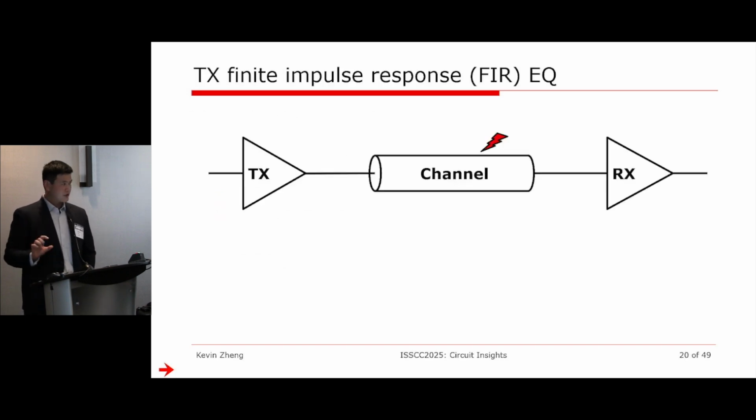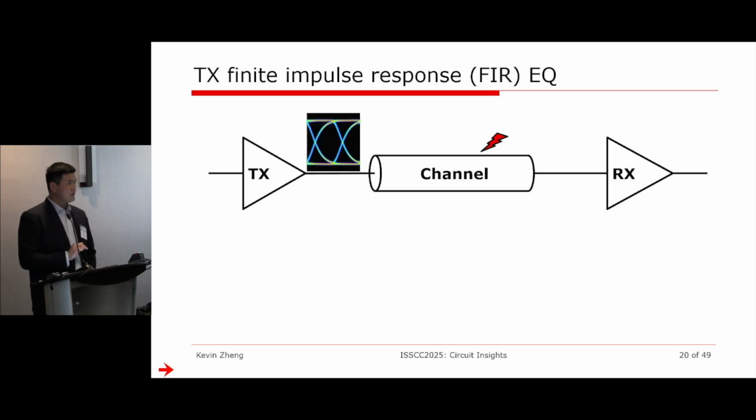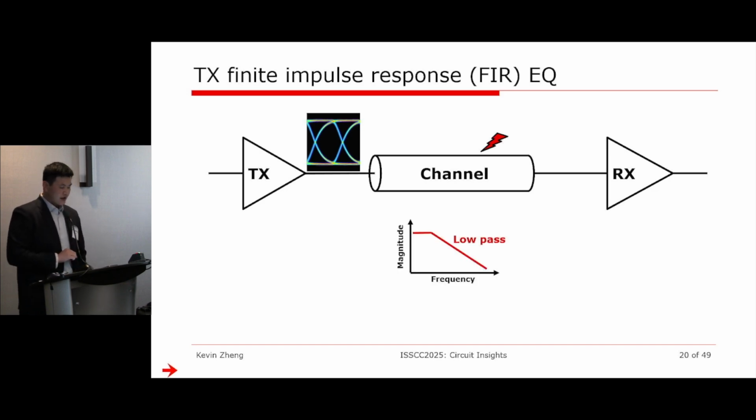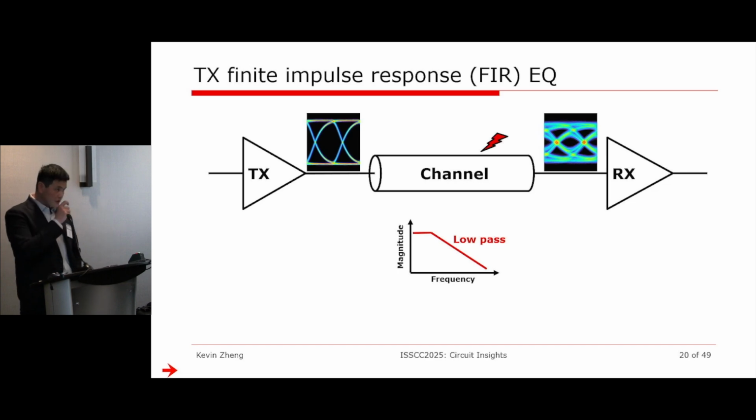So this is the picture I'm going to use heavily today, and we're going to start with an open diagram on the transmitter side, right? This is what we start with. After the channel, which is a low-pass filter in nature, we're going to have an eye that's closed a little bit. In this particular case, the loss isn't that high. You can still tell the difference between a 1 and a 0, but there are cases, which we'll see later, that make it even tougher.